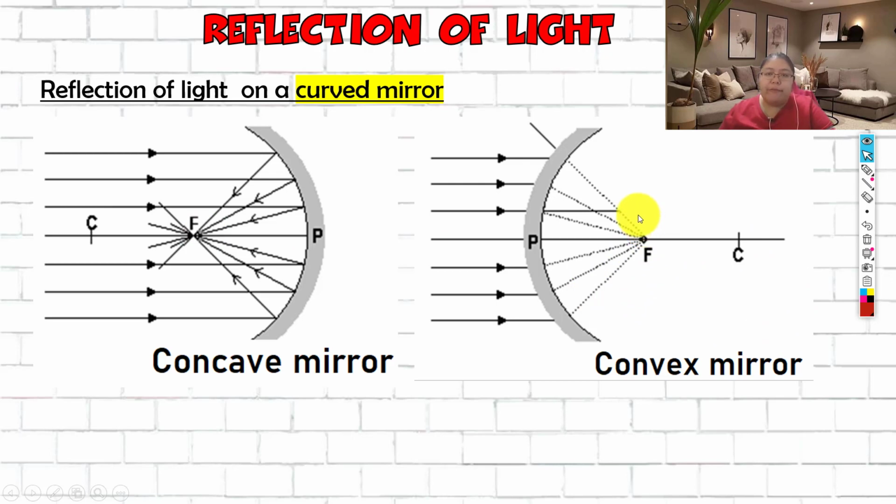How about the convex mirror? For the convex mirror, you can find the shape goes outside. After that, you find all the parallel light, when it hits the mirror, also focuses, but they focus to a point behind the mirror, a focal point behind. Behind the focal point means virtual already. After that, they will diverge. They will open wider and go outside.